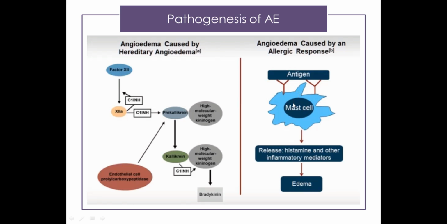This will make the mast cell degranulate. It will release histamine and other inflammatory mediators. Histamine will cause edema, as we know, okay? Histamine will do vasodilation. There will be an increase in the vascular permeability. There will be leakage, and edema will happen. Then angioedema occurs. I hope you got it.